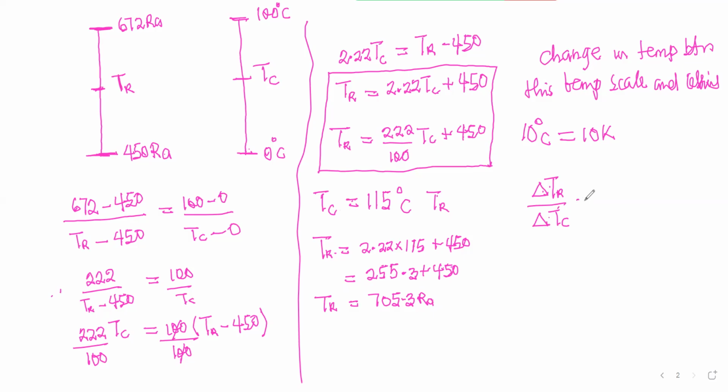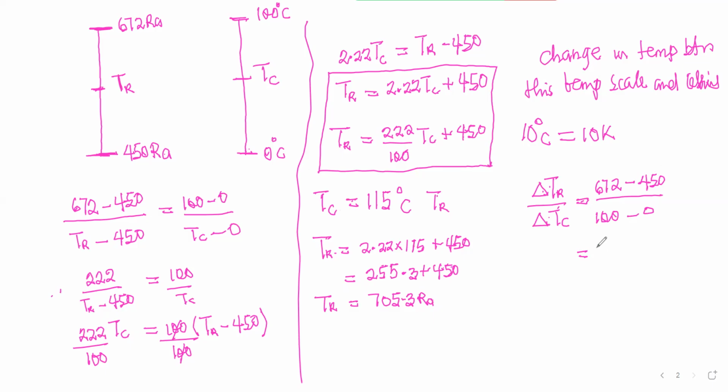Note how it works. In determining the change in temperature, you subtract the lower fixed point from the upper fixed point. So 672 minus 450, divided by 100 minus 0. What is 672 minus 450?